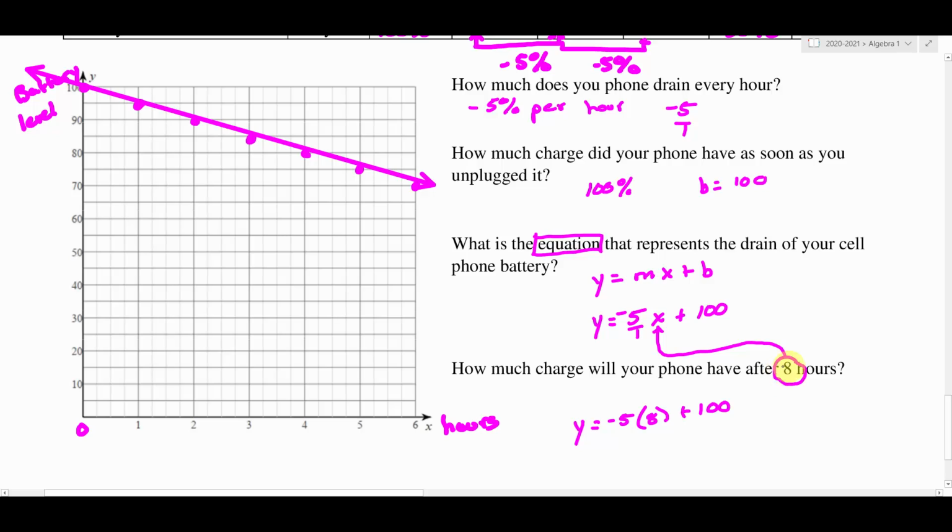The x gets replaced with the 8, and then we calculate. Negative 5 times 8 is negative 40, and negative 40 plus 100 is 60. So my battery level is going to be 60% after 8 hours. I put 8 hours in and got 60% out.